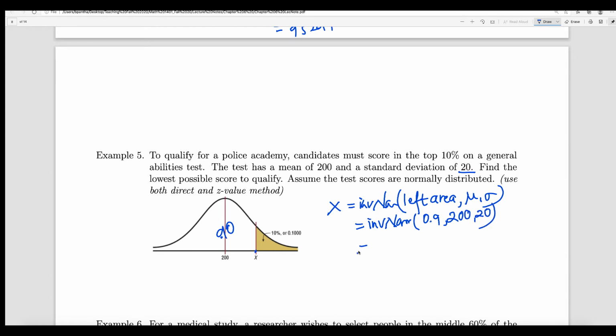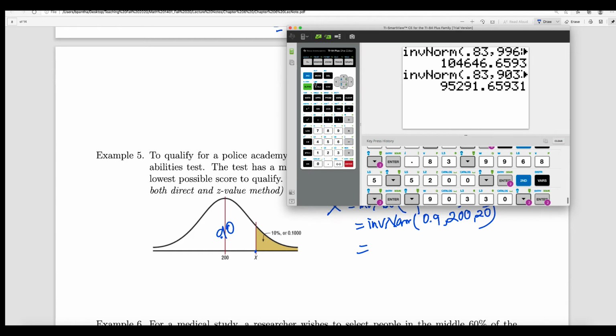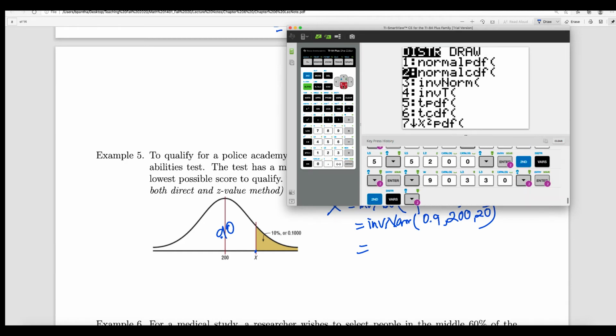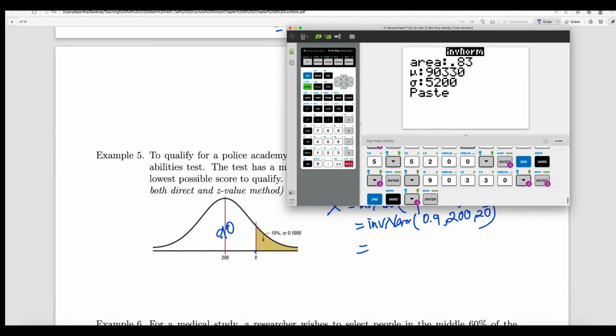Let me use the calculator for that. Second, vars, inverse norm, hit enter. The left area is 0.9, and then the mean is 200, and then sigma is 20.